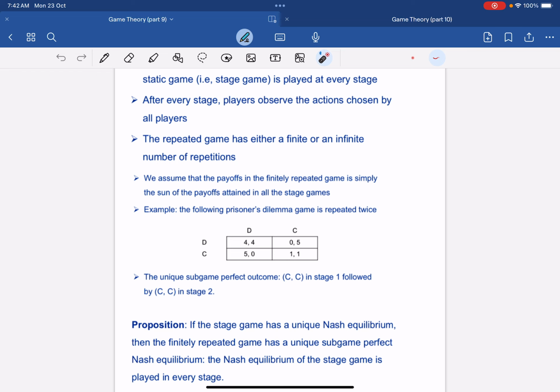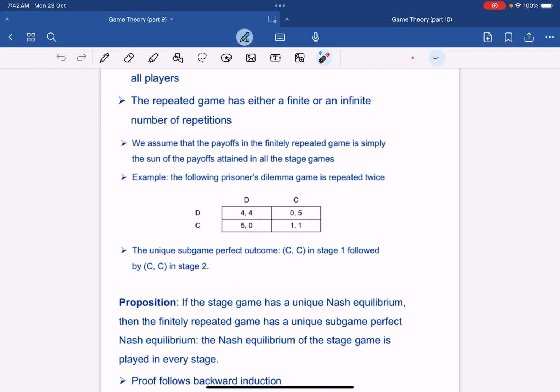And let's take that example of the prisoner's dilemma, but it's repeated twice.